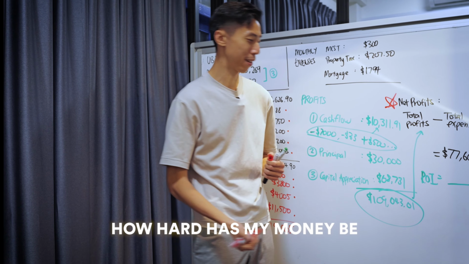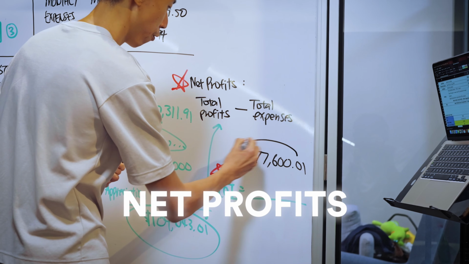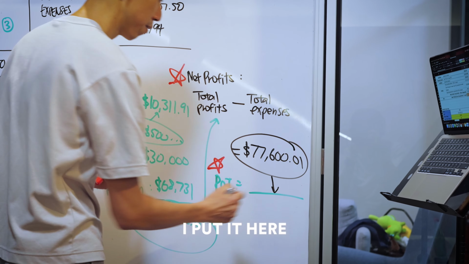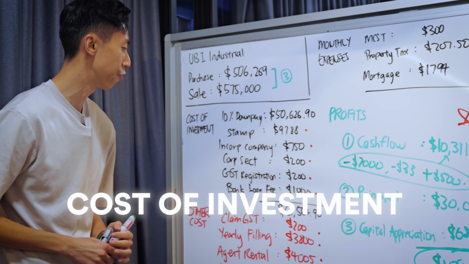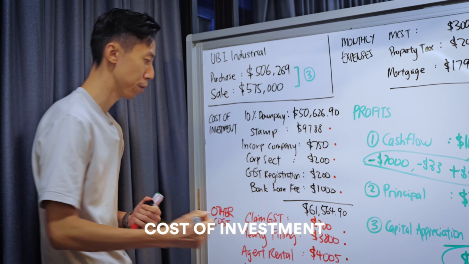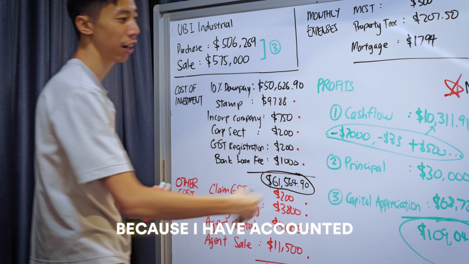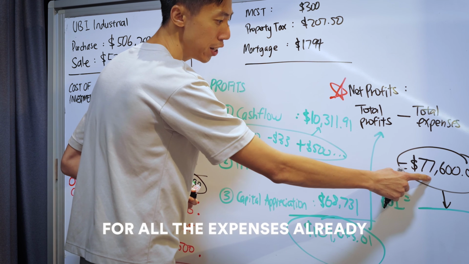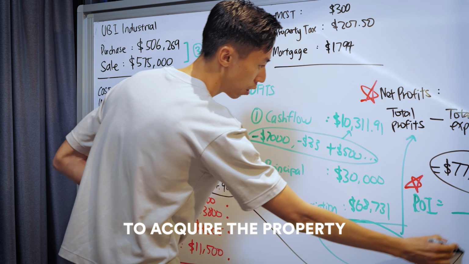Now, I want to ask myself, what is my ROI? How hard has my marketing been working for me? So how do I calculate ROI? I'm going to take my net profits, I'll put it here, and I'm going to divide by the cost of investment. What is the cost of investment here? I'm going to divide by cost of investment because I have accounted for all the expenses already, and this was how much I need to acquire the property.